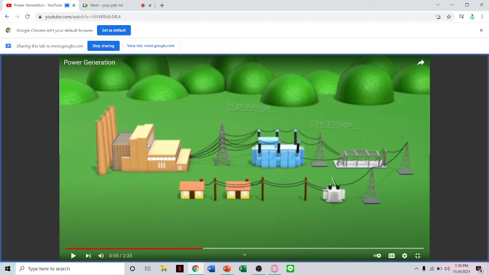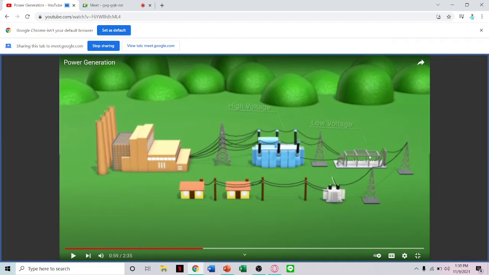From very strong, from high voltage, the electricity will travel through the wires and then go to some machines, some grids, to transform. And this one is called a transformer. It's not a transformer robot, okay? It's a machine that will change the voltage or the power of the electricity from high voltage, the super strong electricity.